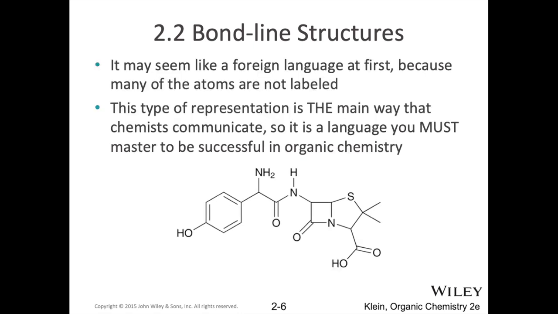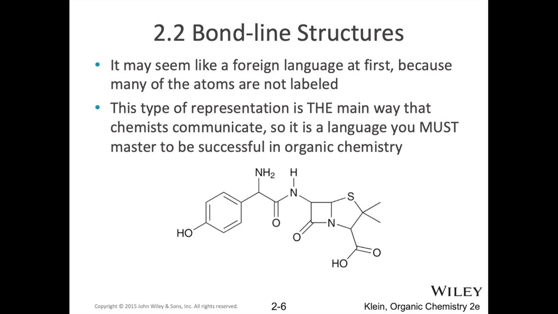So now this is probably going to be your first introduction to drawing these types of molecules. And just like with condensed structural formulas, it takes a little getting used to. You kind of have to get used to looking at a bond line diagram and recognizing what this translates into in a Lewis structure.